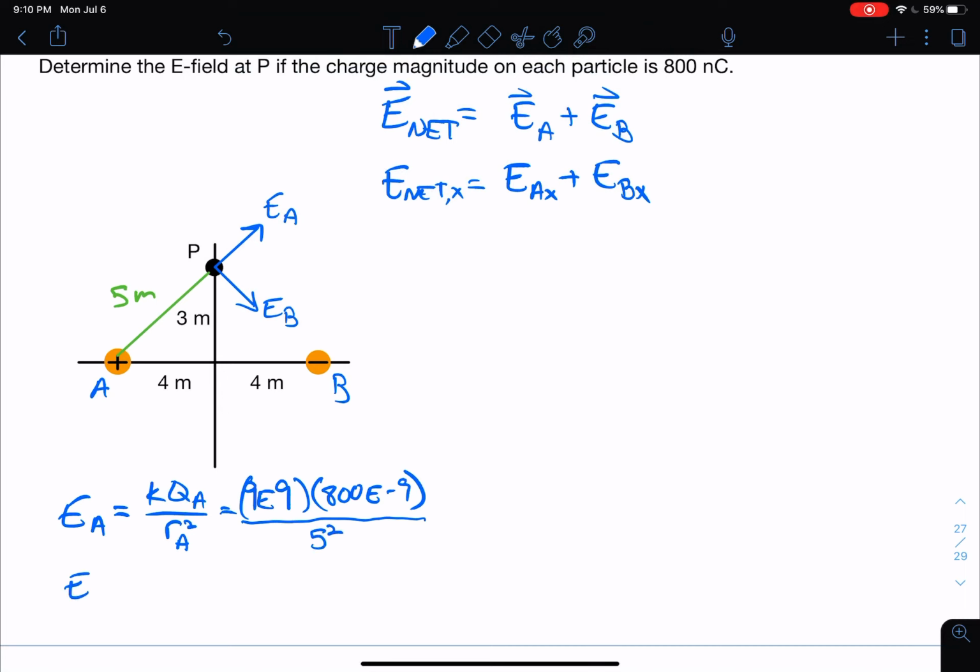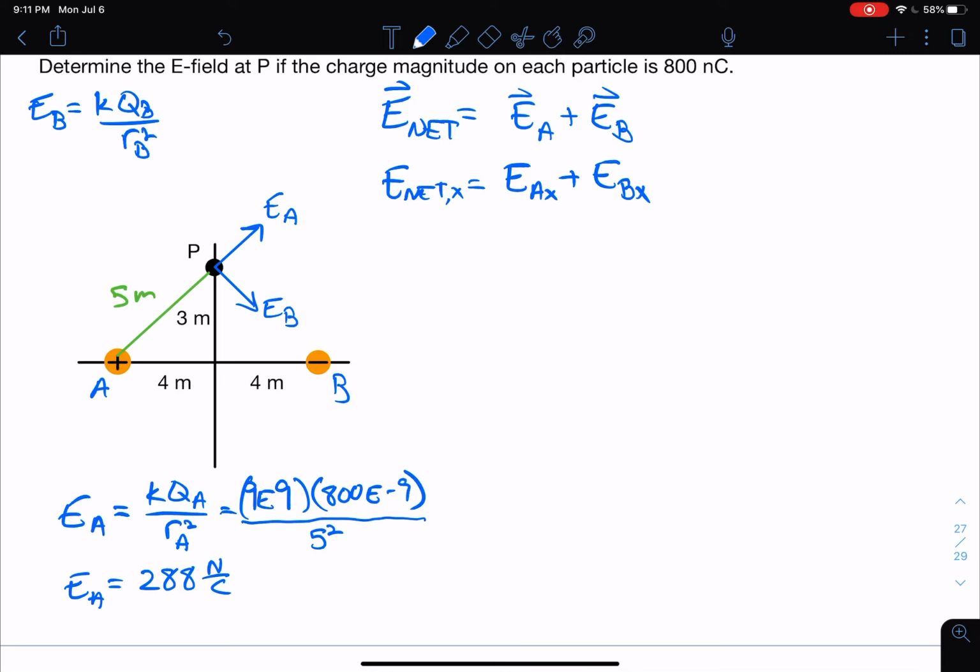Okay, so go through the calculation now. And I get 288. So that's the electric field at A. That's newtons per coulomb, of course. That is not my final answer for this problem, not even close, but I have figured out the magnitude for A. Now, let's do the magnitude for B. It's going to be K times QB over RB squared.